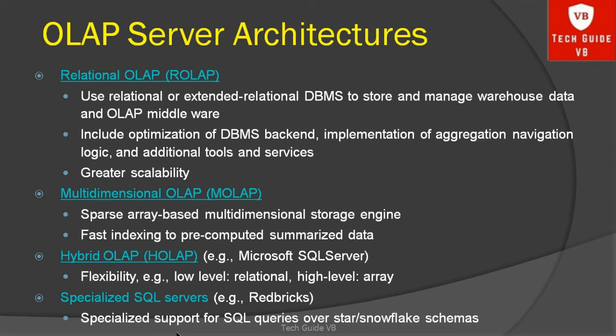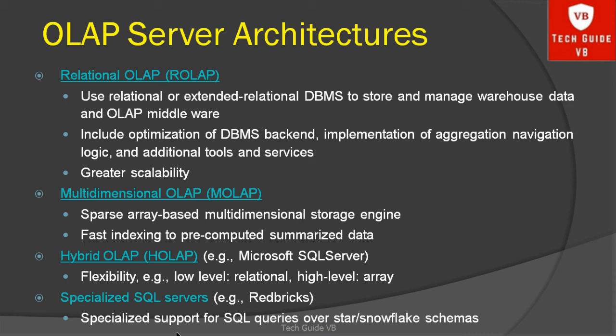Then the last part of this data warehouse architecture is the OLAP server architecture. As you know, we are also using OLAP servers in the last tier of this architecture. OLAP servers have many architectures. First is the relational OLAP, ROLAP.